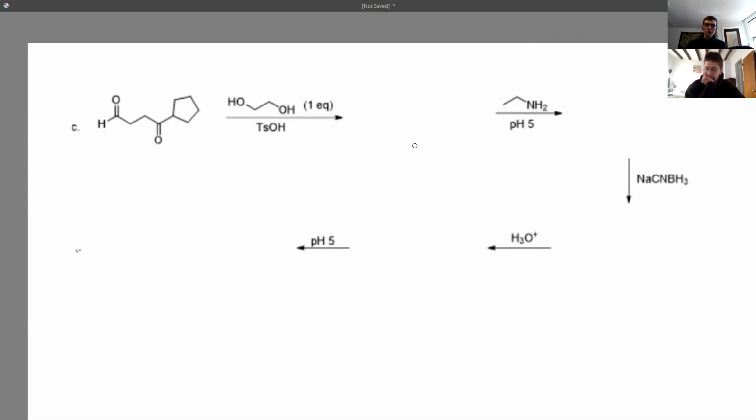Why don't you think about this briefly? Would we form just two acetals here, kind of poking off of the chain? But there's only one equivalent of the diol.